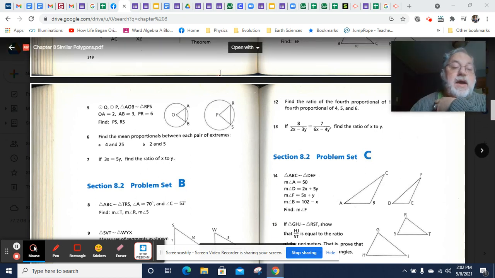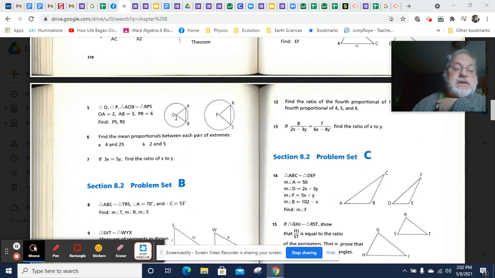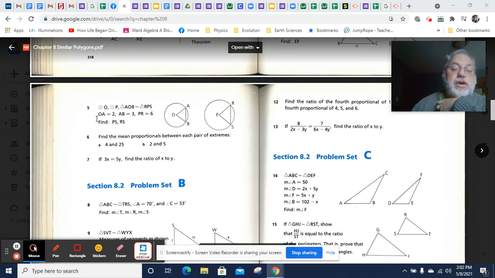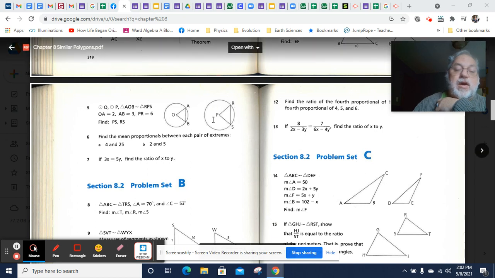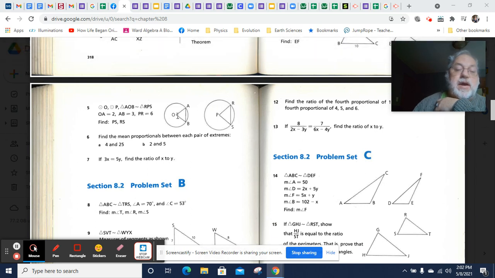Okay. Number 5. So we have been given circle O and circle P, and we have triangles AOB and RPS are similar. And we know that OA is 2, and AB is 3, and PR is 6. So we want to find PS and RS. If we know that OA is 2 and AB is 3, and we know PR is 6, PR corresponds to OA.